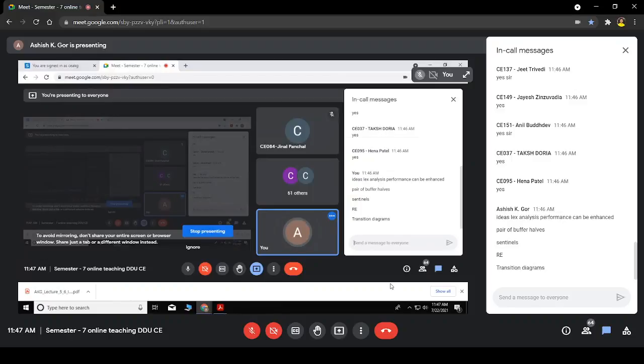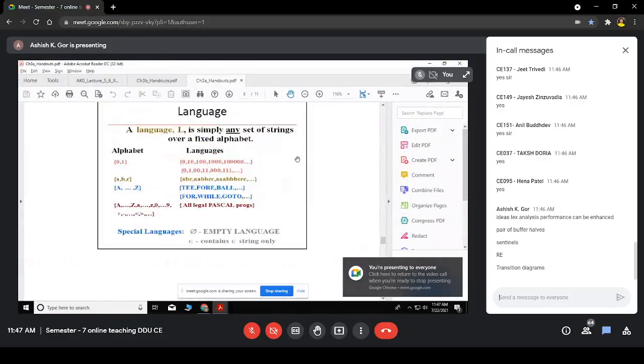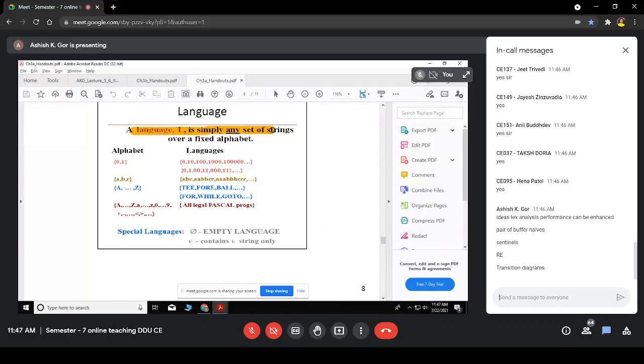So let us start. You know what a language is, so I'm going a little quick. A language is nothing but a set of strings. The alphabet, denoted by sigma, could be 0, 1 for a Boolean language, or A, B, C, or capital A to Z. The set of strings generated by combinations of this alphabet is called a language.